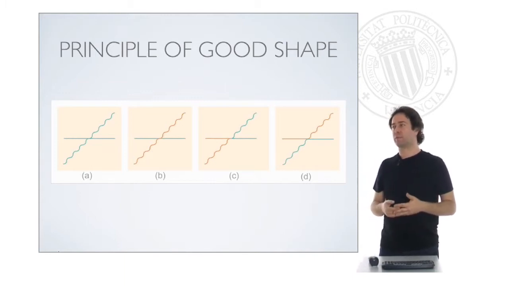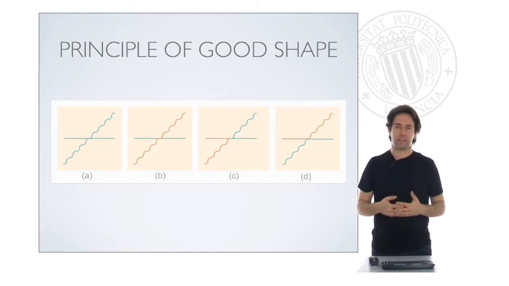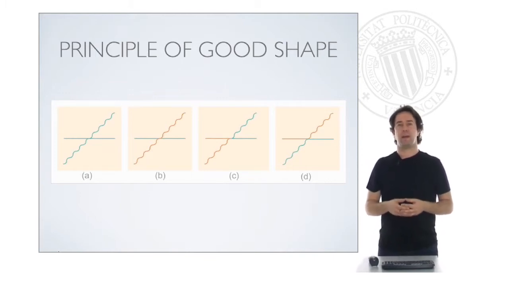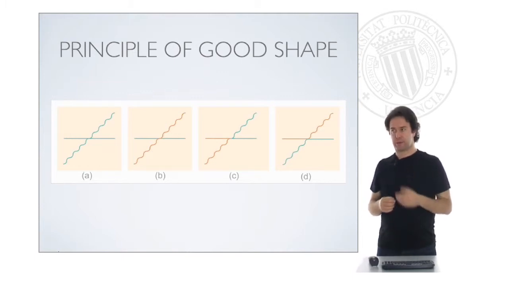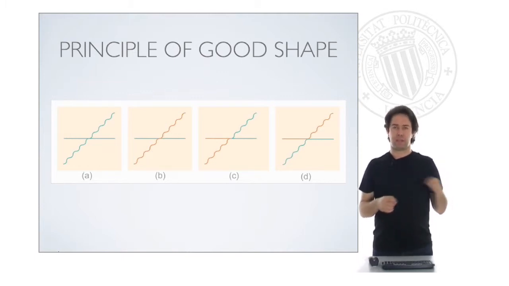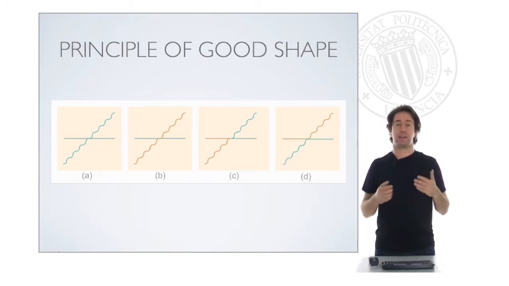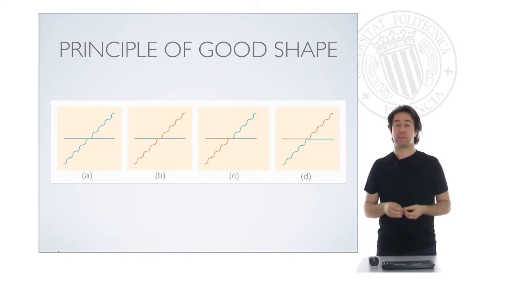The principle of good shape, what Gestalt psychologists said about this, is that in this figure, we tend to perceive a straight line and a curved line just because these are shapes that we are used to. We know these shapes.